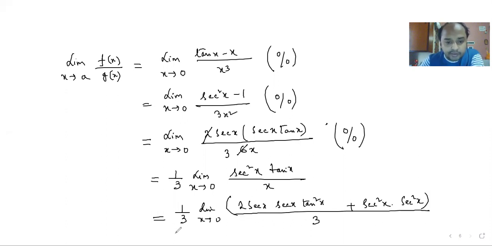And if we put x equal to 0 now, 3 has already been taken into consideration, that would be 1, and therefore the ultimate result will be 1/3.